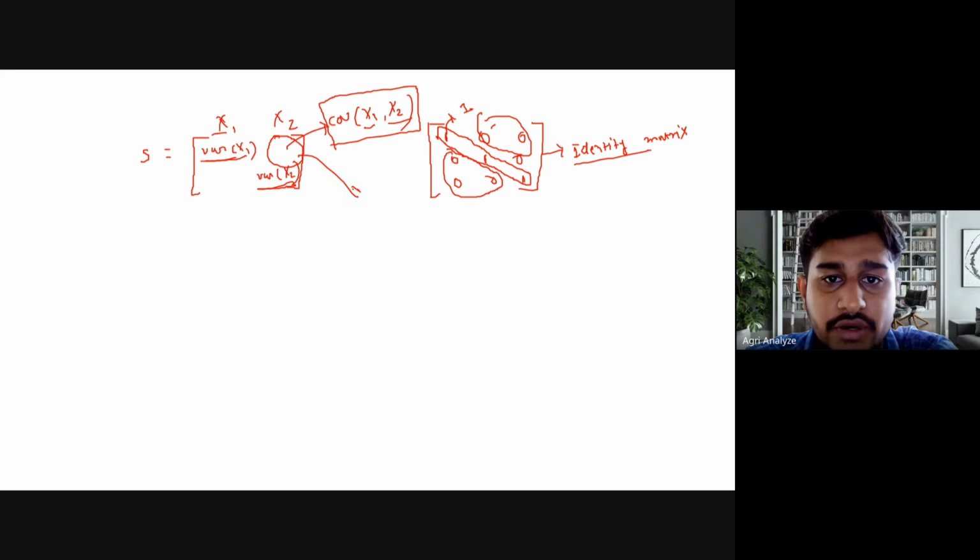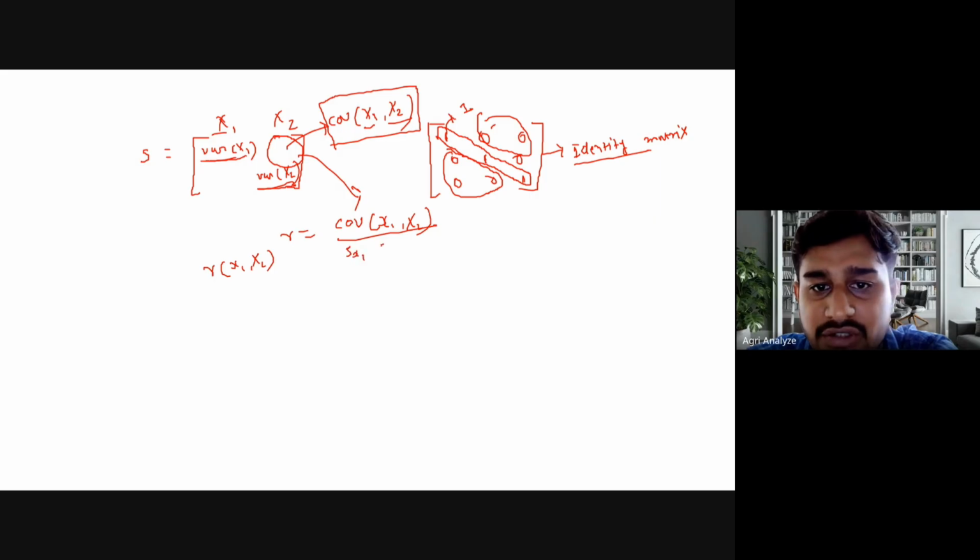This covariance is used in correlation. If we want to find the correlation between x1 and x2, this is the equation: the covariance of x1, x2 divided by the standard deviation of x1 and the standard deviation of x2. So this is the formula for correlation.